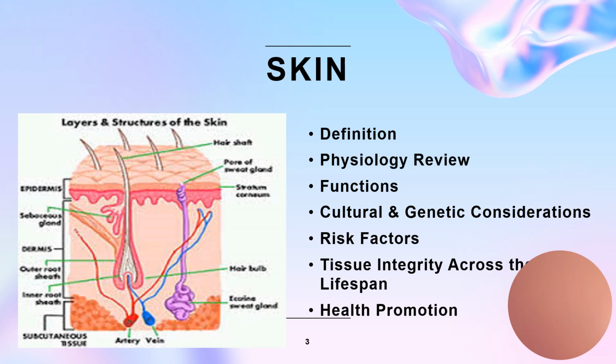So to promote healthy skin, we have to look at primary prevention, and that starts off with hygiene, adequate nutrition, and appropriate protection from sun exposure, such as avoiding activities in the sunlight between 10 and 4, especially in the summer when the sun is strongest.